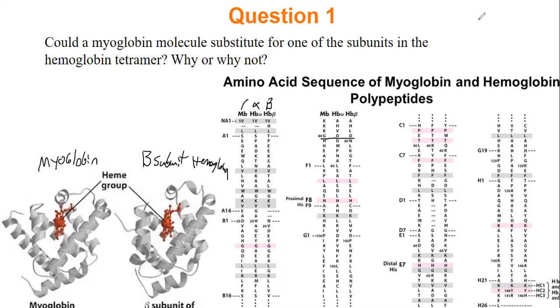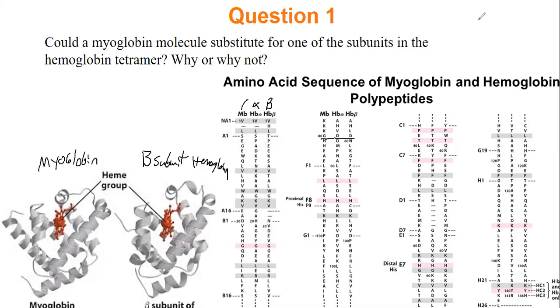What exactly causes it to go from T to R? That whole conformational change I was talking about. Oxygen binds, an iron molecule is pulled closer to oxygen. That iron is connected to a histidine. That histidine is connected to the rest of the subunit, so everything gets pulled down. That's a tertiary change. That one subunit is interacting with the other subunits via salt bridges, hydrophobic interactions, and hydrogen bonds.